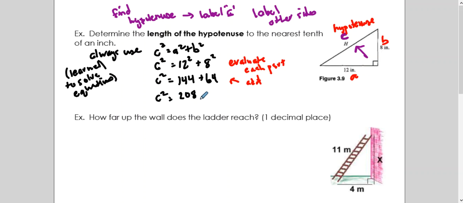So the question now is, how do I get C? Well, I have to do the inverse operation of squaring, which is square root. So I do the square root of both sides. That's that little button there. So that's 14.4 inches.